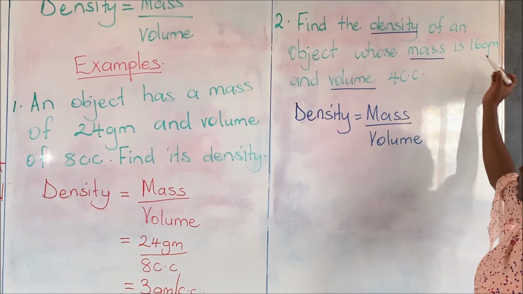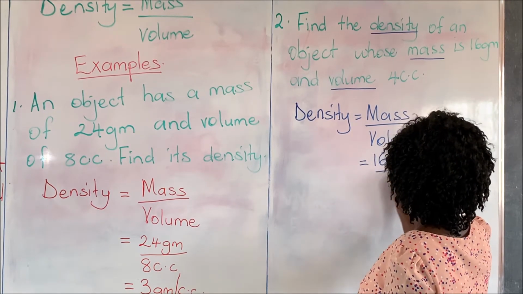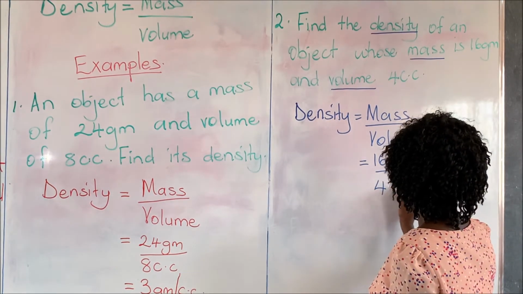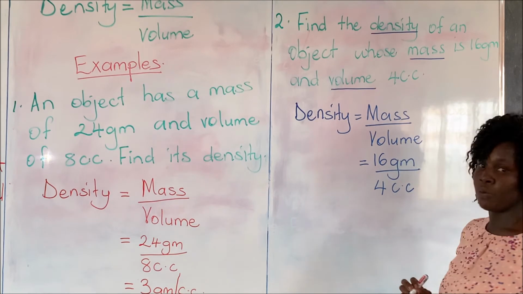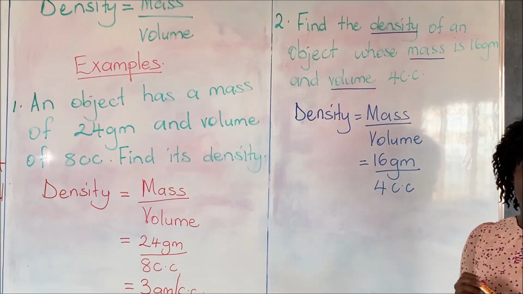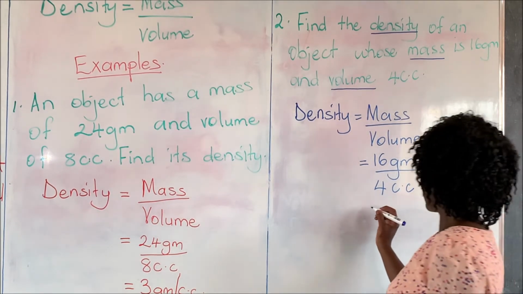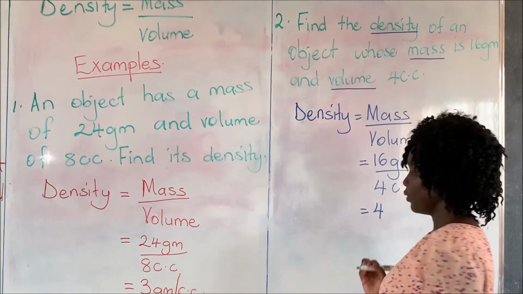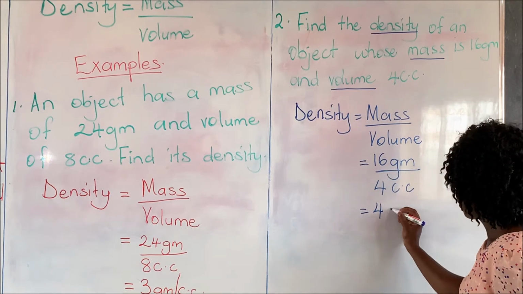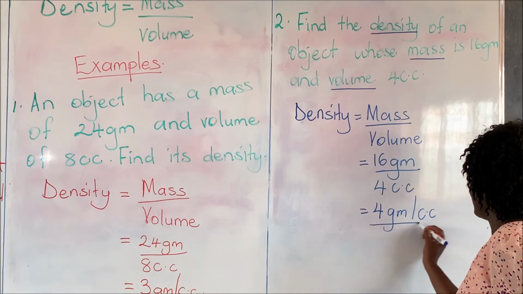Where there is mass, put 16 grams. Where there is volume, put the volume given, which is 4 cubic centimeters. We review our multiples. What is 16 divided by 4? I'm giving you a few seconds to get the answer. 16 divided by 4. So our answer is 4. Don't forget the units. We have grams, and this one means per. So we have grams per cubic centimeter.